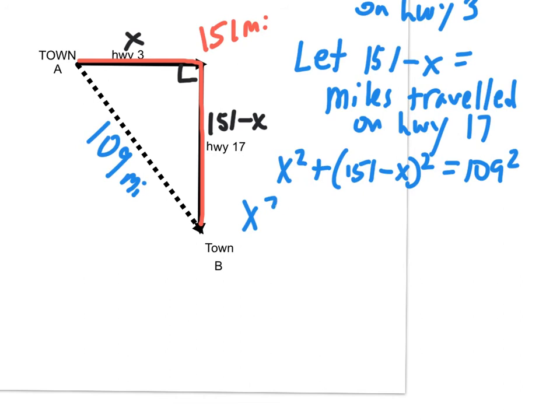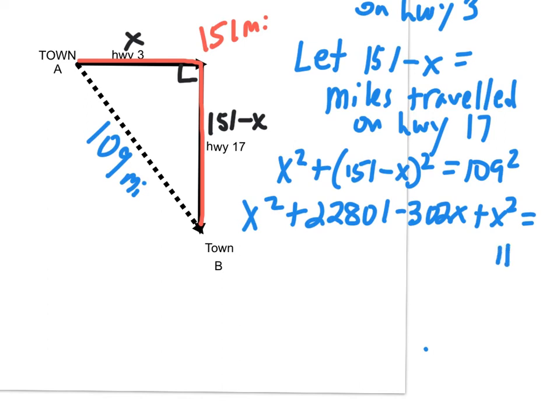So that's x squared plus, now 151 squared is 22801, minus 302x plus x squared, equals 109 squared, which is 11881.